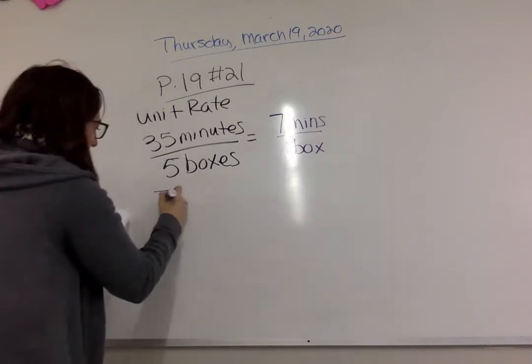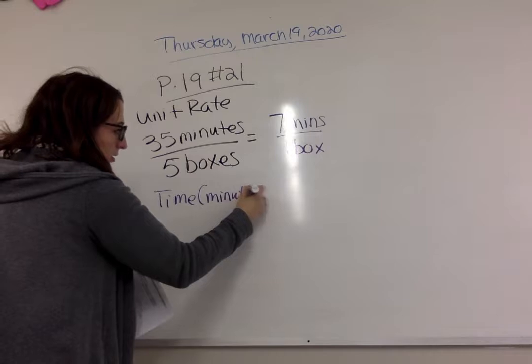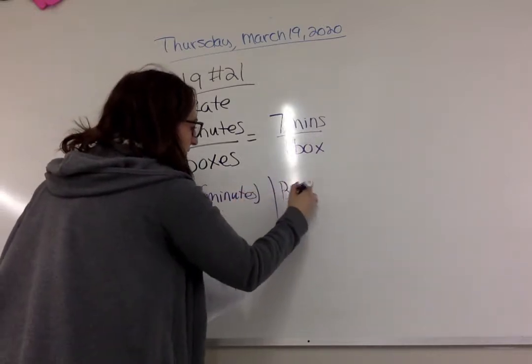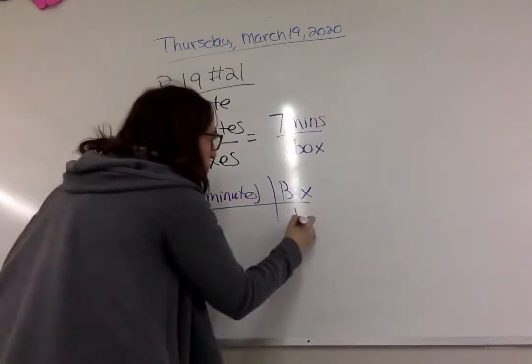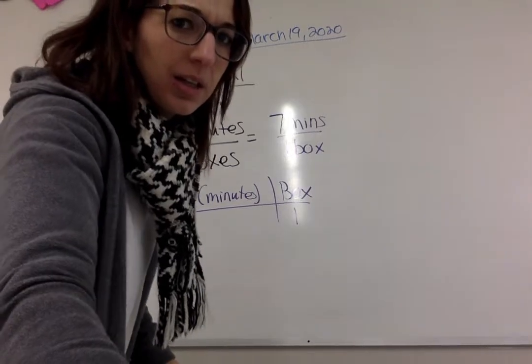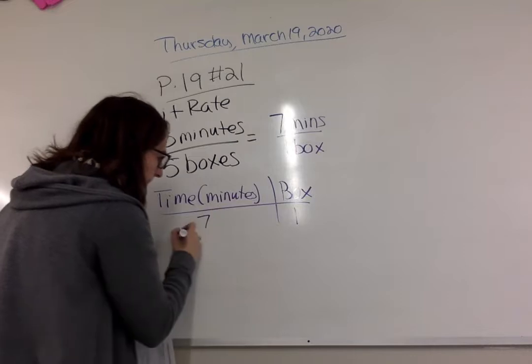So on my table at the bottom, we have time in minutes, and then we have boxes filled. So I know that one box will take me 7 minutes, because that is my unit rate.